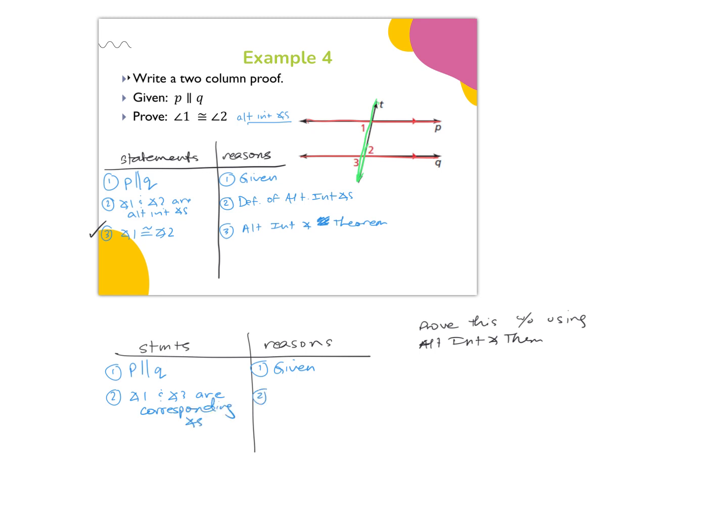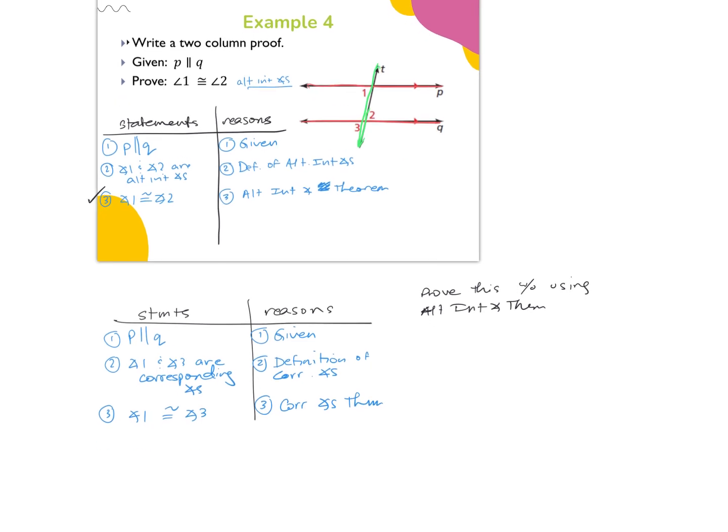I know they're corresponding angles because I know the definition of corresponding angles. I learned in 3.1 what that was. So in number 3, I'm going to say angle 1 is congruent to angle 3, because of the corresponding angles theorem.